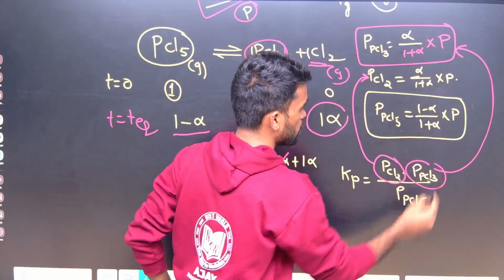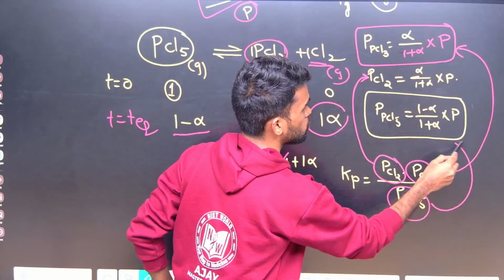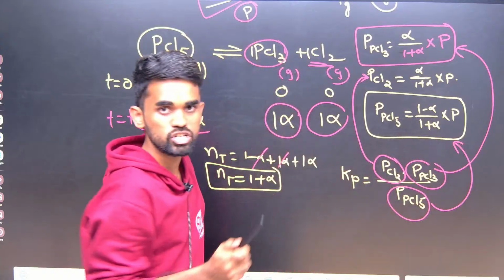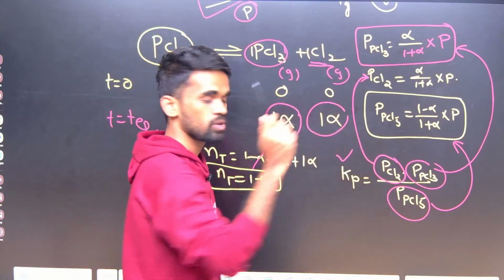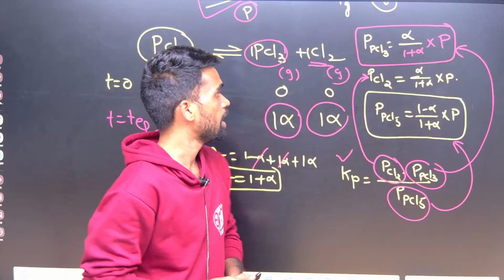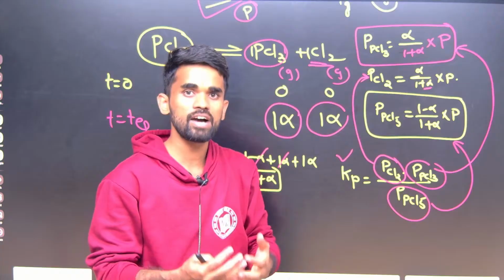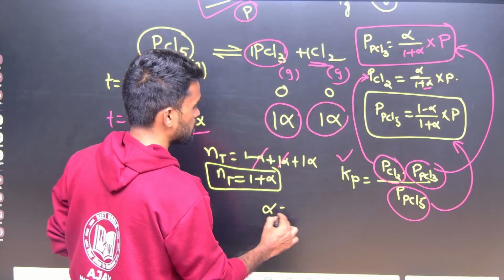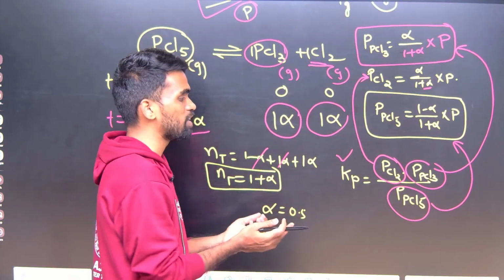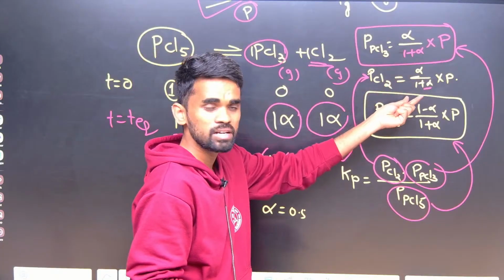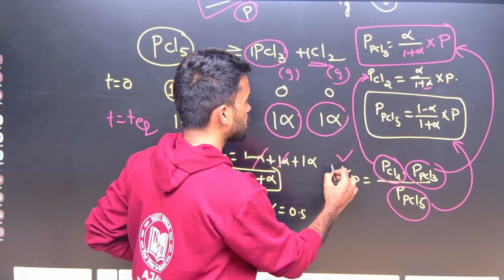So all you need to do is substitute these things in this equation to get the Kp value. Hope this is clear. Again, they will mention some alpha value, like degree of dissociation alpha will be 0.5 or some value, so that you will simplify there and substitute here, and you will get the Kp value.